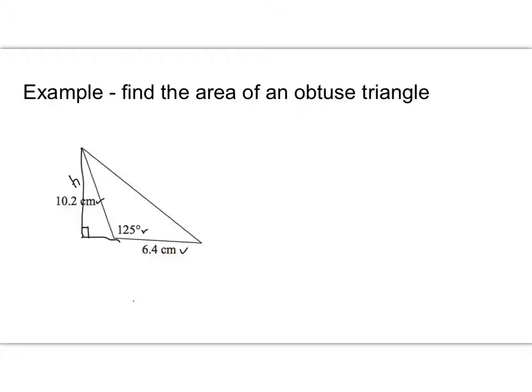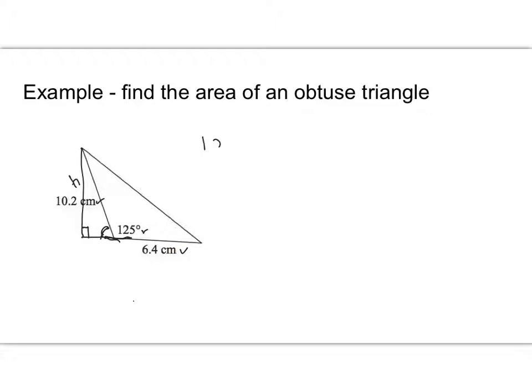Here's my little right angle. Here's another angle. And the 10.2 is my hypotenuse. You'll notice that I don't have this angle here, but it's the supplementary angle to the 125 degrees because this is a straight line here.